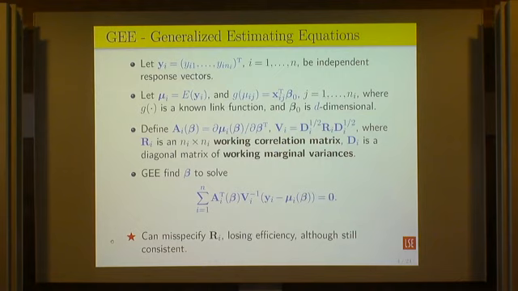So we find this derivative, and another important component in the generalized estimating equation is that we need to specify a so-called working correlation matrix.